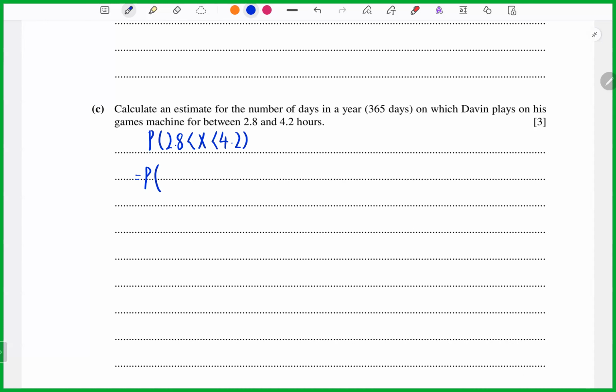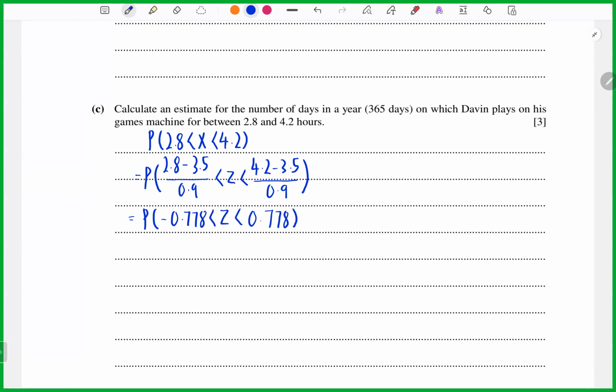So Z is (2.8 minus 3.5) divided by 0.9 and (4.2 minus 3.5) divided by 0.9. So negative 0.778, and here we get positive 0.778. So you can write 0.778 minus 1.